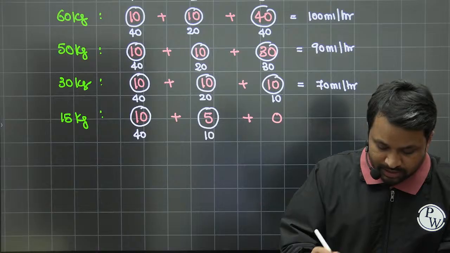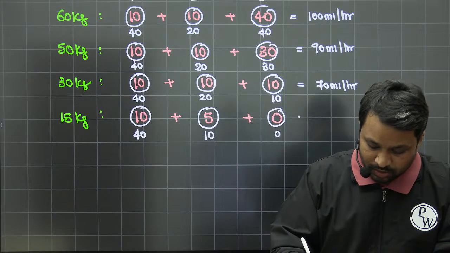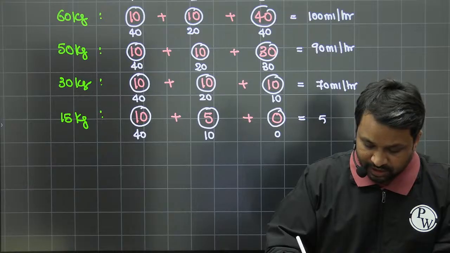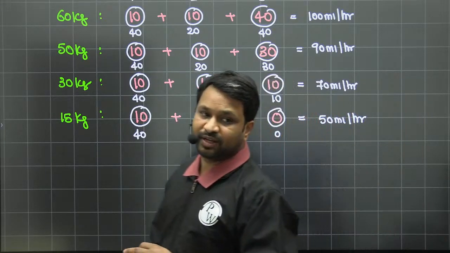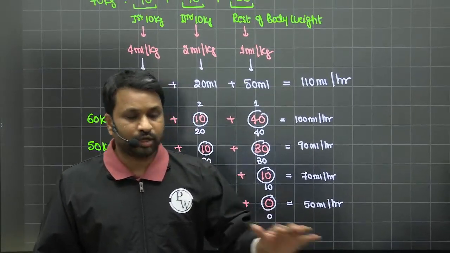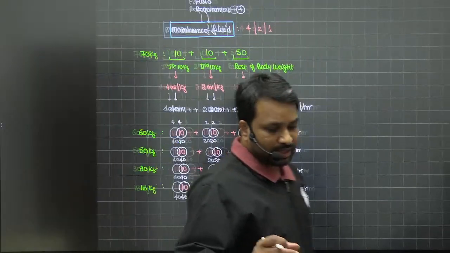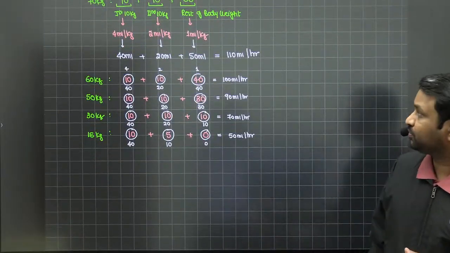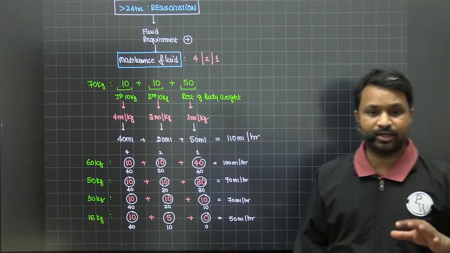This will only come down as 10. That is 2 into 5 is going to be 10, and this will be 1 ml per kg. This is 0. So here how much? 40 plus 10 is 50 ml per hour, right? So this is how you're going to calculate the maintenance fluid after 24 hours in the burn patient, right? So this is the criteria for calculating the maintenance fluid.